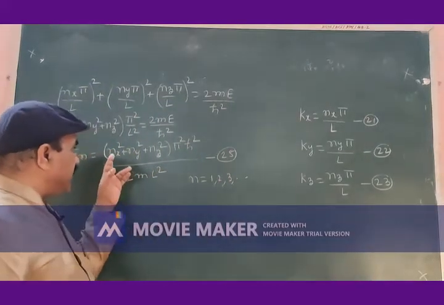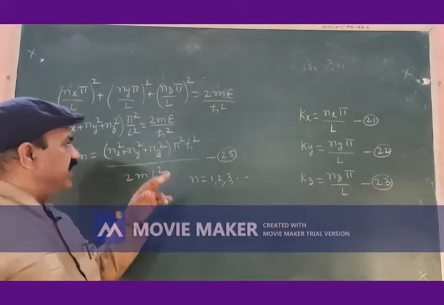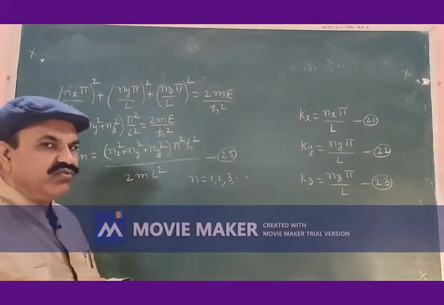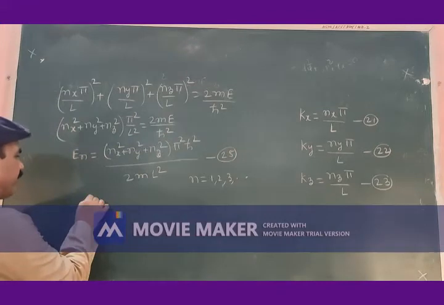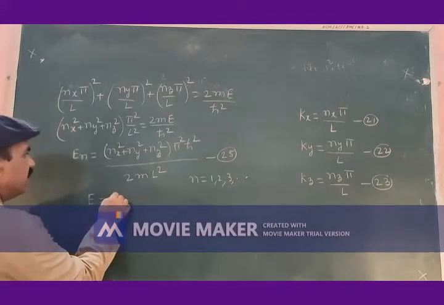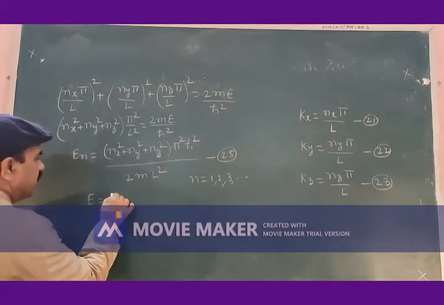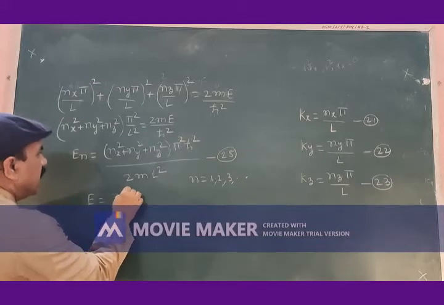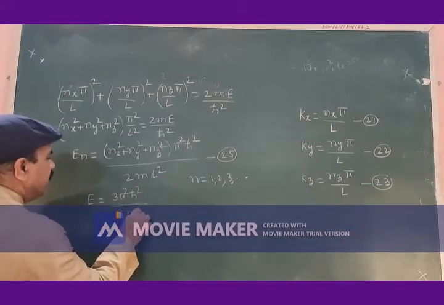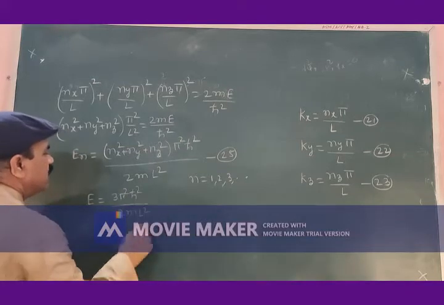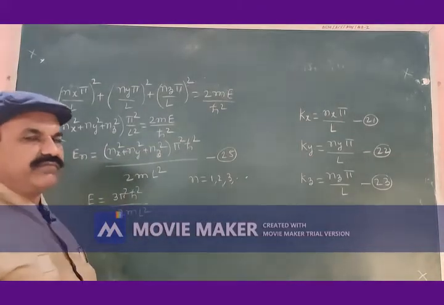If we consider nx is equal to 1, ny is equal to 1, nz is equal to 1, En will be simply 1 plus 1 plus 1, 3 pi square h cross square divided by 2mL square.